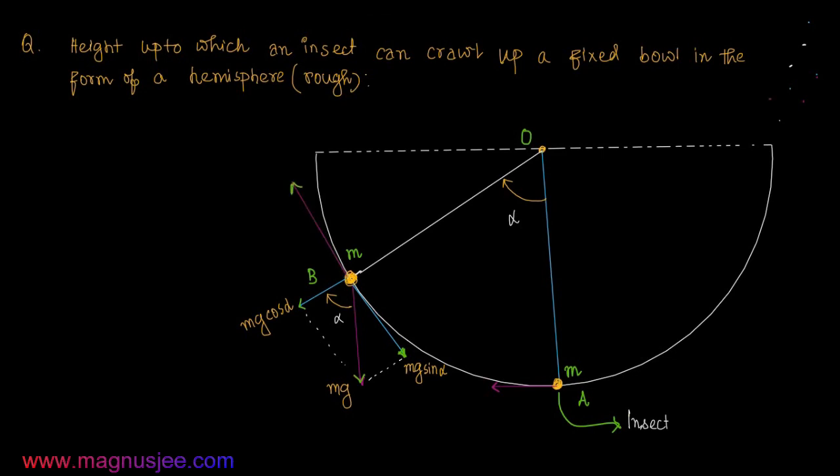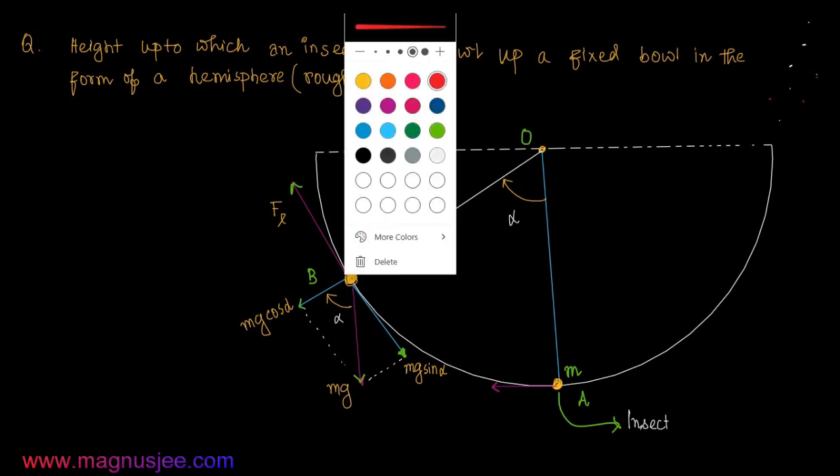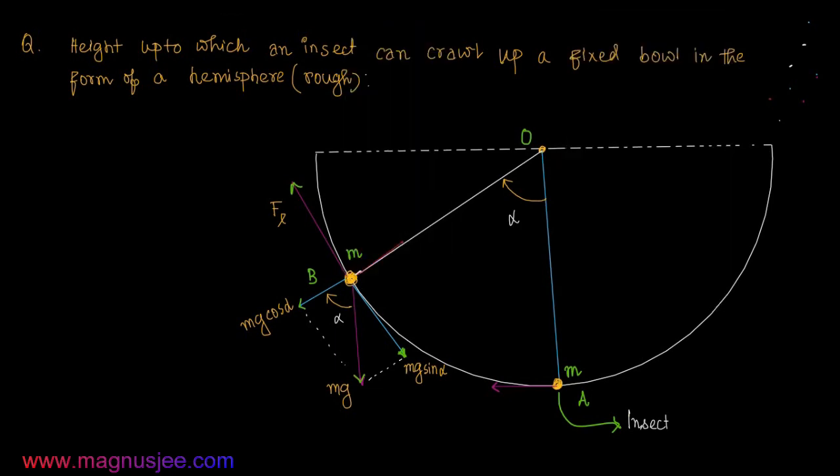The insect has a tendency to slide down. That's why limiting friction FL will be acting at the point B up the hemispherical surface and along the tangent. We denote the normal reaction on the insect applied by the hemispherical bowl at the point B as R. OA is the vertical radius, so small r is equal to OA, and the oblique radius OB is also equal to small r.